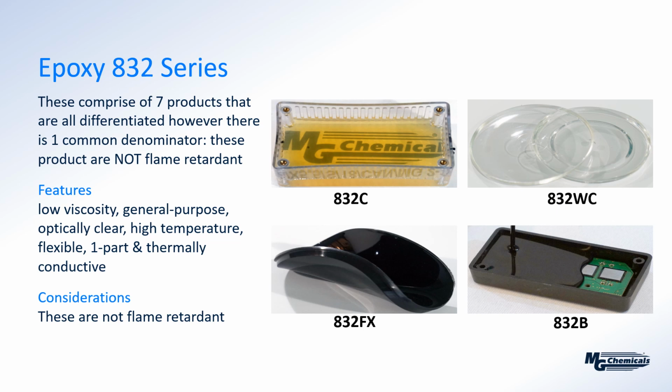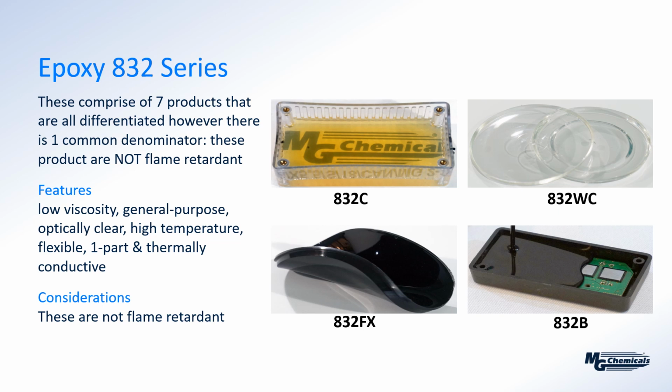So within that, we have low viscosity general purpose. And again, if people don't describe any kind of exotic requirement, then typically we can get away with recommending materials like the 832 HD, the 832B, which is pictured on the bottom right there.